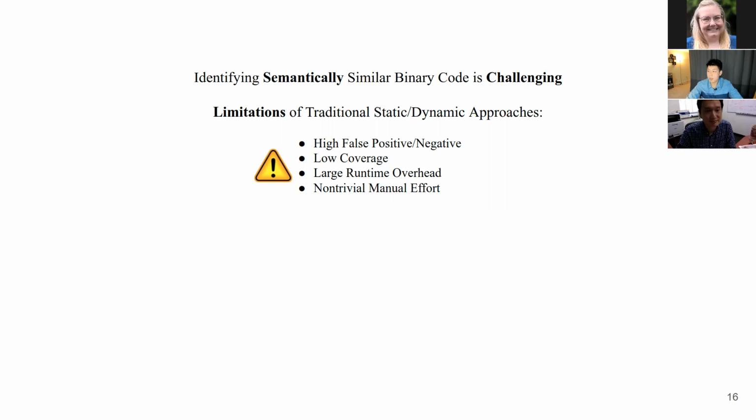A more advanced approach leverages dynamic analysis, which tries to execute the program code and match their dynamic behavior to determine whether they are similar or not. However, this kind of dynamic approach often suffers from low coverage as well as large runtime overhead. If you're going to compare millions of pairs of function binaries, you have to execute each pair every time you try to compare.